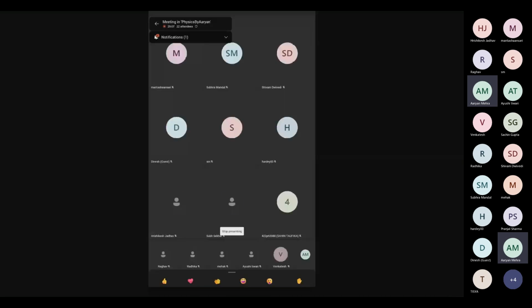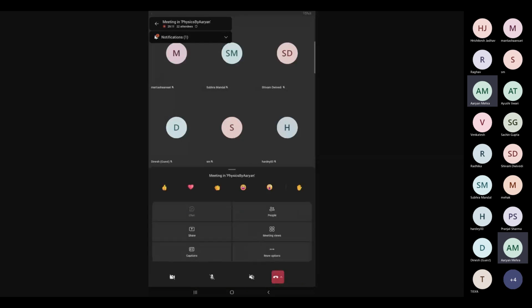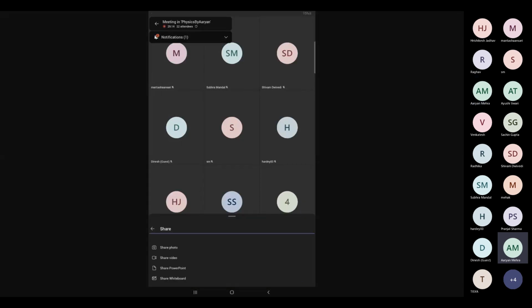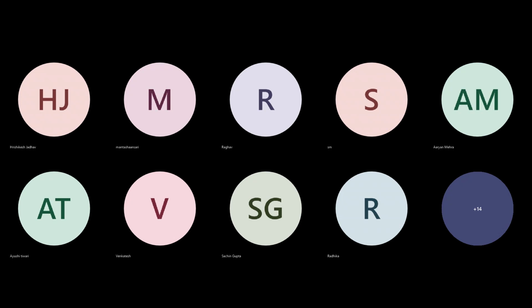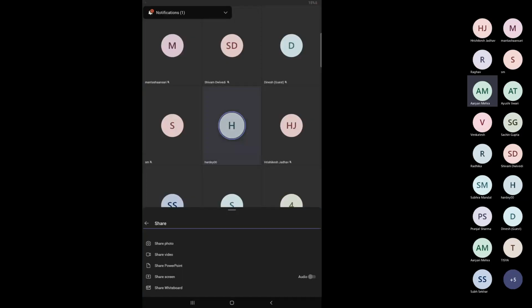So give me an answer to the question: why do you think that this is actually an EM wave and not an electrostatic field? We need to check the curl of E. You need to check that; you can't say just by looking at it.